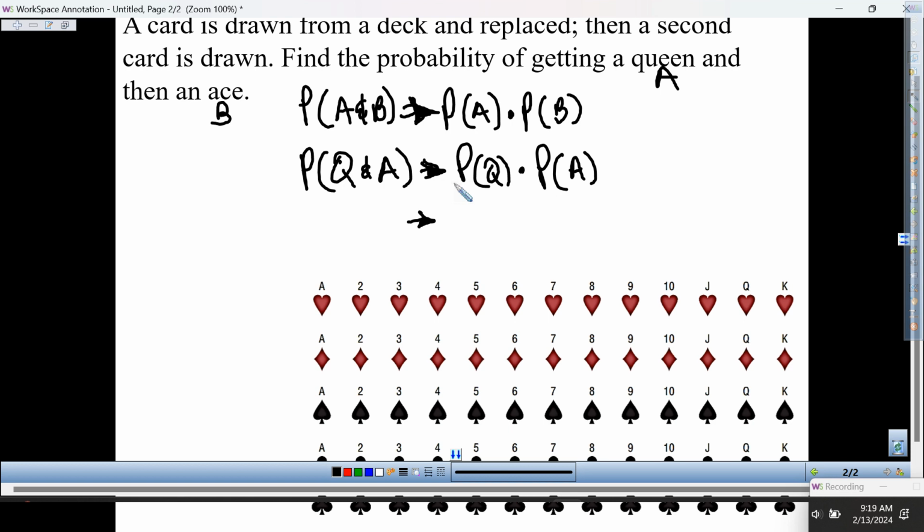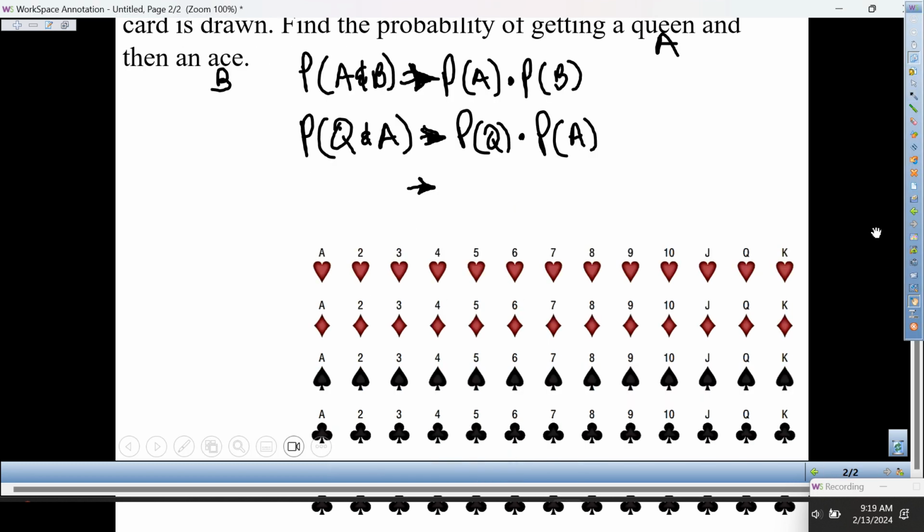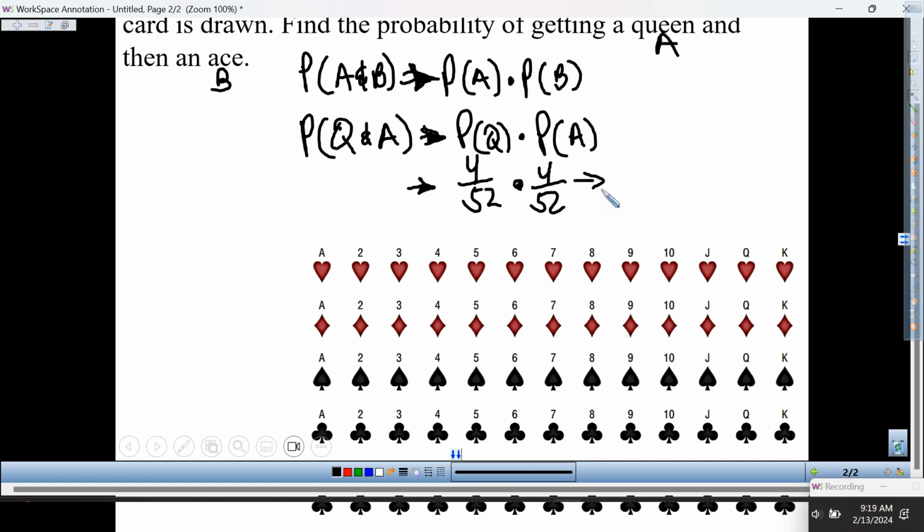All right, good. Peyton, pass someone. Mia, probability of drawing a queen. And here are the cards so you can see them. 4 out of 52 times, how about drawing an ace? Hands, if you agree with that, that is correct.